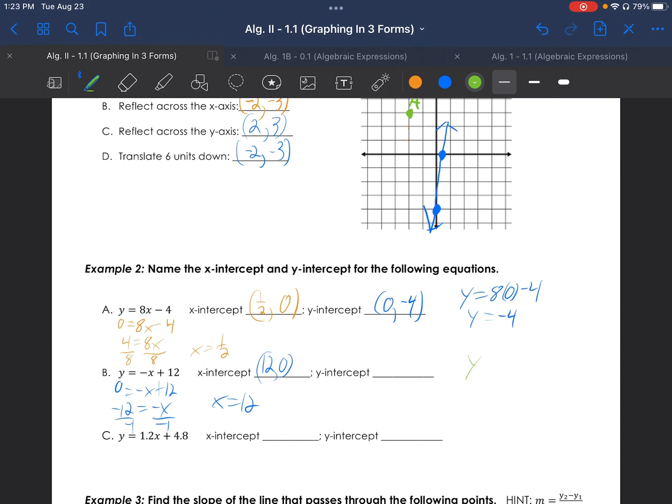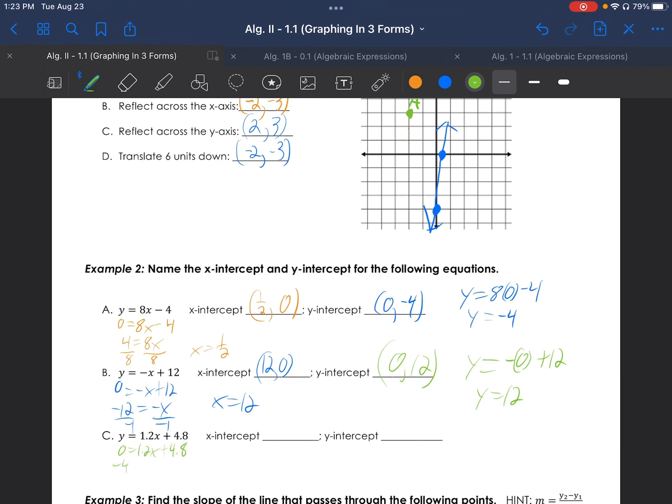For the y-intercept, make x 0. -0 plus 12, well, it doesn't matter if 0 is negative or positive, neither one actually matters. So 0 plus 12 is just 12. So it's (0, 12). Last but not least, letter C, 0 equals 1.2x plus 4.8.